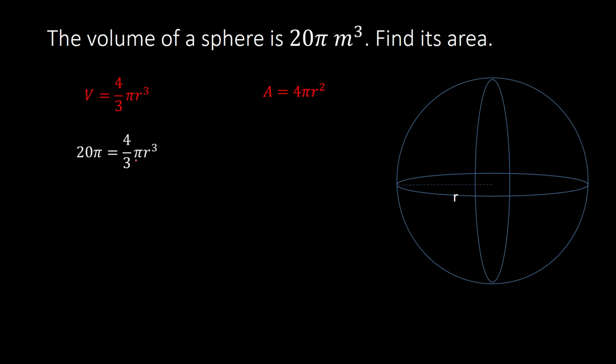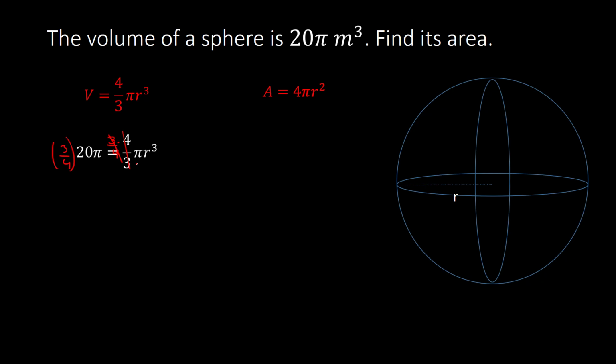So now from here I can solve this for r by getting rid of the 4/3 and the pi. So to get rid of the 4/3 and the pi, what I do is I divide both sides by 4/3 and pi. Well, when I divide by 4/3, that's the same thing as multiplying by the reciprocal, which is 3 over 4. So I'm multiplying both sides by 3 over 4.